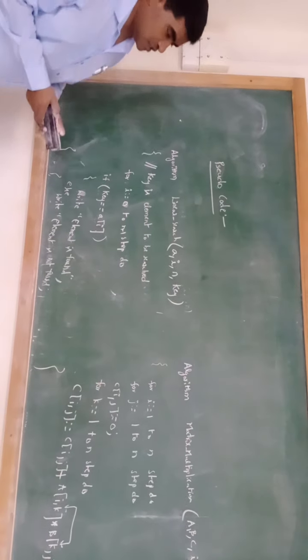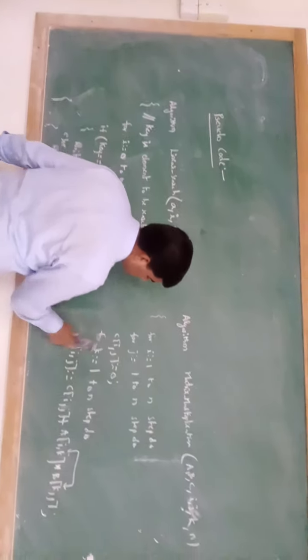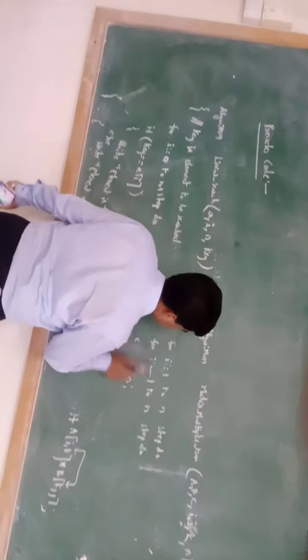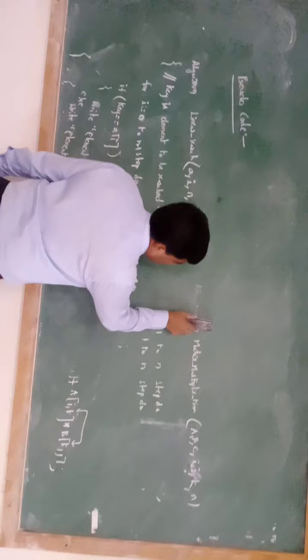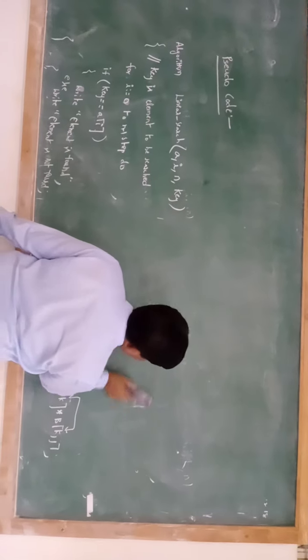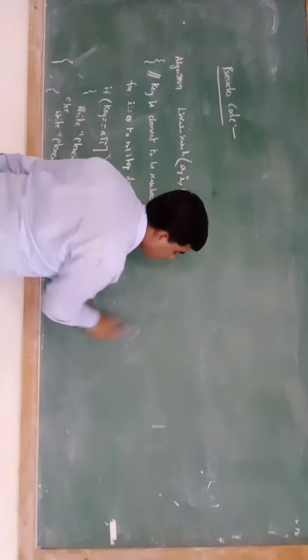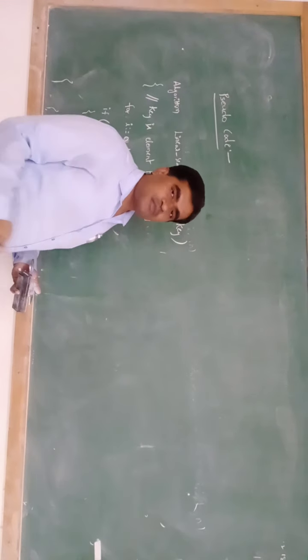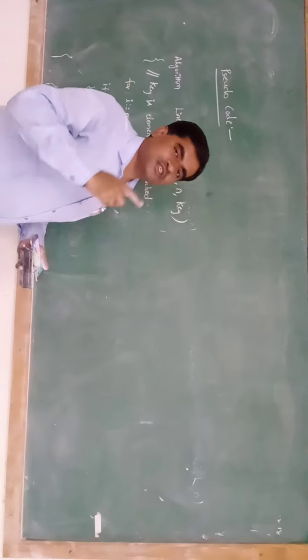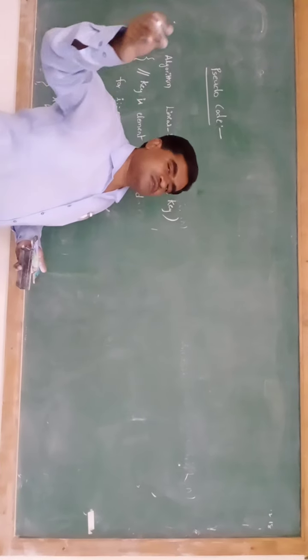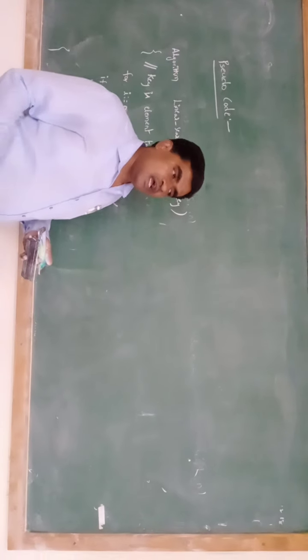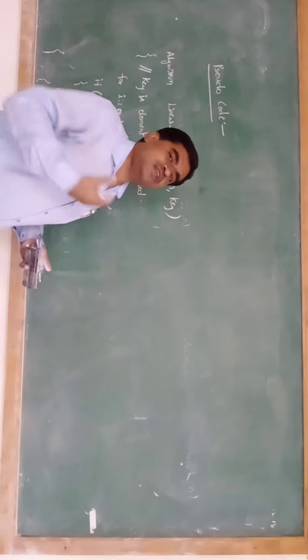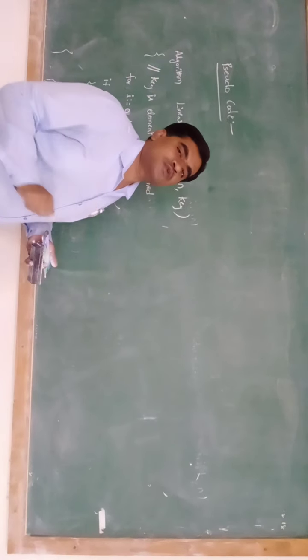Next, one more example. Write the algorithm for the sum of n elements. There are two types of n elements. Suppose the sum of n elements means 1 plus 2 plus 3 plus 4 plus 5 up to n, that is one. Another one is where we are giving the values randomly, and from that we have to store the values.